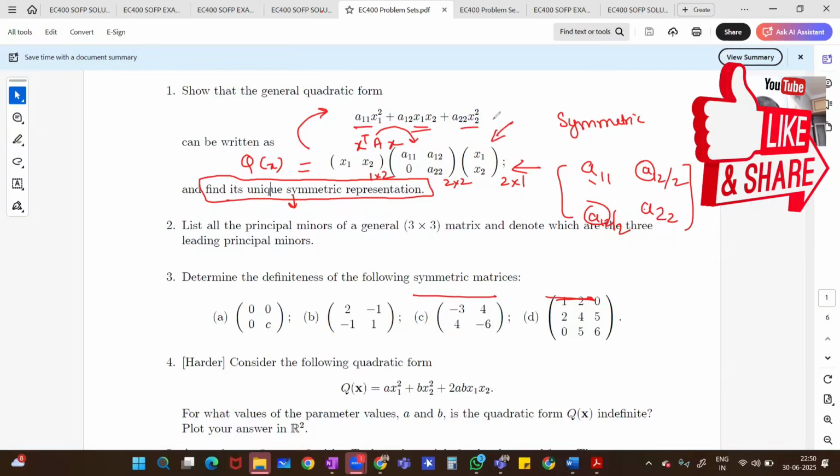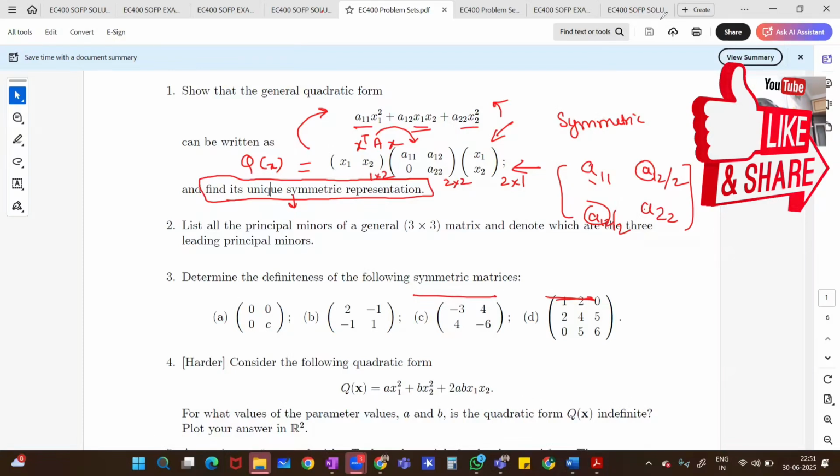Now, if you can try elaborating it, whether I'm getting the same quadratic form or not. Do you want to try? Yeah, I'll try. That is going to be x1, x2, with matrix a11, a12 by 2, a12 by 2, a22, times x1, x2.